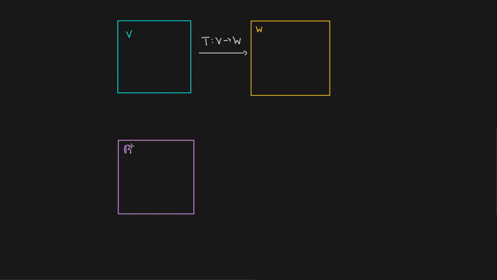So let's let this be Rn. We know V is isomorphic to Rn because they're both n-dimensional vector spaces. And W is an m-dimensional vector space, so it's going to be isomorphic to Rm. And because it's an isomorphism, it's invertible, so we could go in either direction.